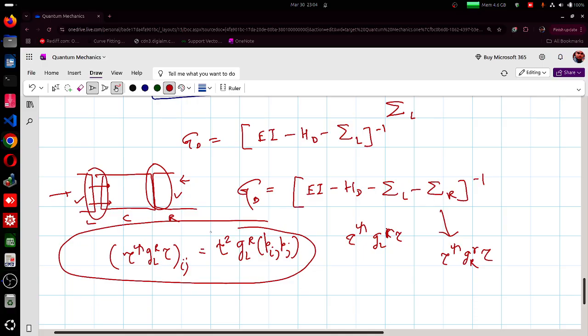So we don't need to bother about the infinite dimensional structure. This is the basic procedure to calculate the Green's function corresponding to the device.